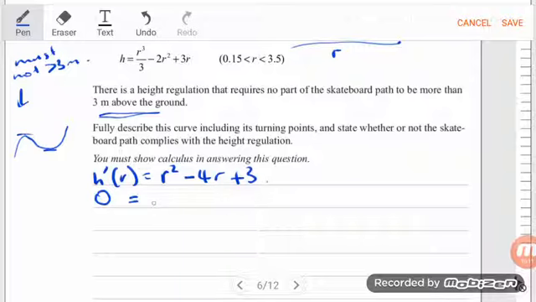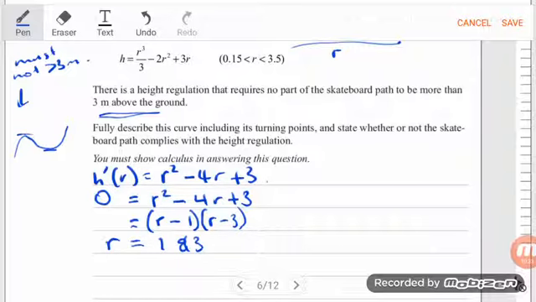We've got r squared minus 4r plus 3, so negative 1 and 3. r minus 1, r minus 3 is going to give us 1 and 3. Reading left to right, smaller numbers come first, so that is going to be where r equals 1, and this is going to be where r equals 3.